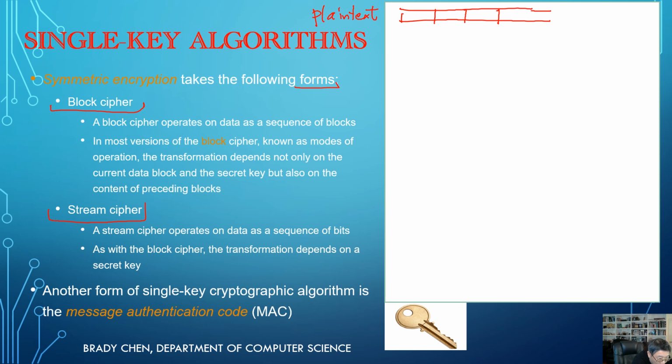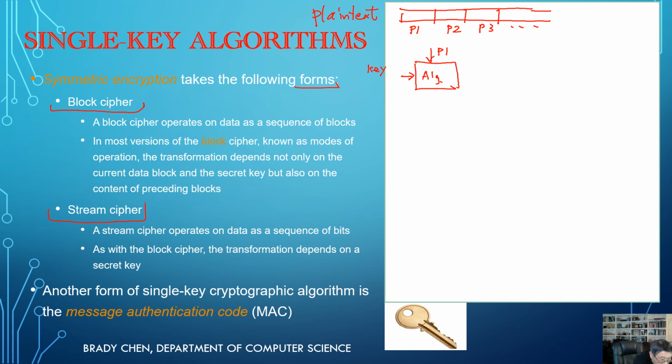We call the first block P1, the second P2, the third P3. Now, the algorithm takes the blocks. Let's first take the first block P1, and also take the key.